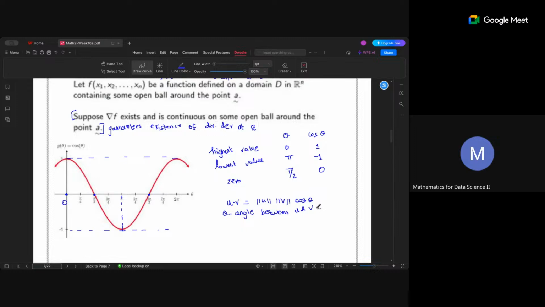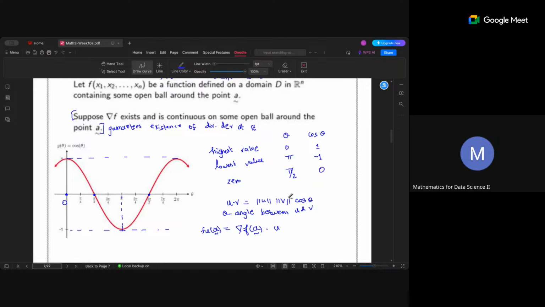Okay, fine. So with this definition, let us look at the directional derivative. Do you remember how we wrote the directional derivative? The limit of f of a plus tu minus f of a, upon t, as t tends to 0. In terms of the gradient, it is the gradient dot u.